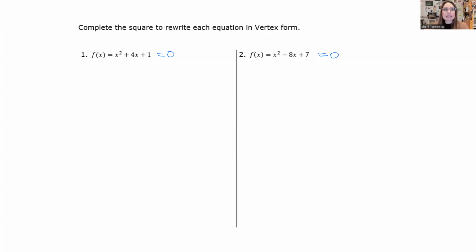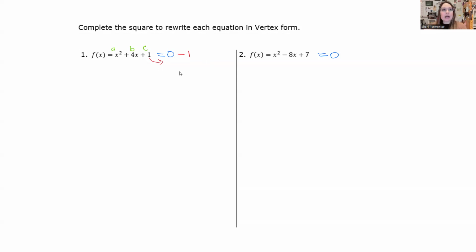So the constant is the number without a variable. It's also the c value. So let me go ahead and label that this is a, this is b, this is c. C is the constant, and you have to move it to the other side. It's positive on this side, so when we move it over, it's going to be negative. So we have to bring over and subtract 1. That's our very first step.